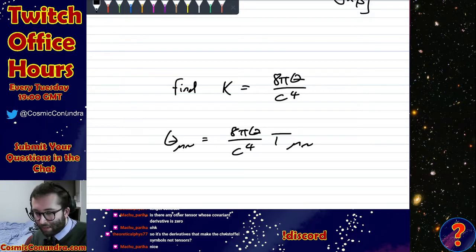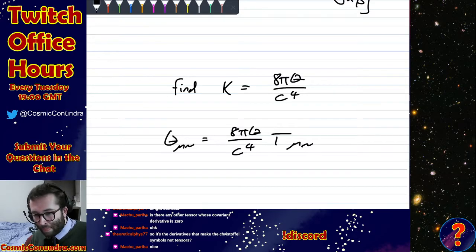Now you can write down similar action principles for a multitude of other physics problems. So you can write down an action principle for general relativity, and you're restricted by the symmetries you expect your equations to have, as for what you can write down as an action.